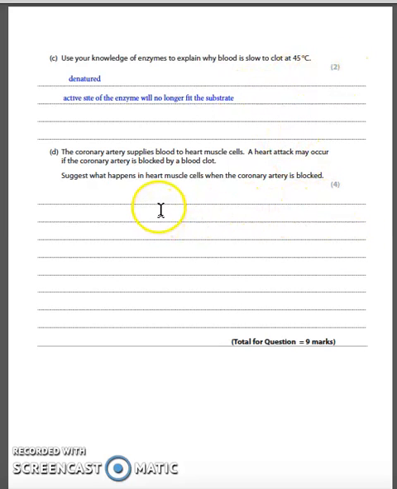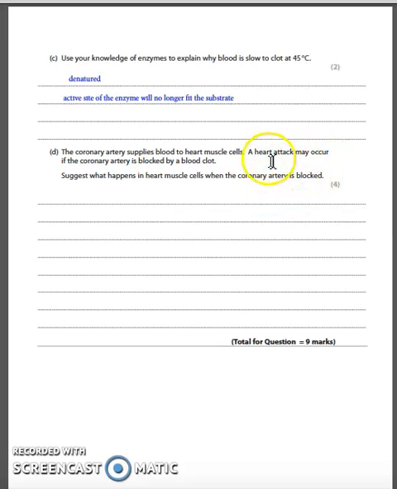And then the last part of the question. The coronary artery supplies blood to heart muscles. A heart attack may occur if the coronary artery is blocked by a blood clot. Suggest what happens in heart muscle cells when the coronary artery is blocked.